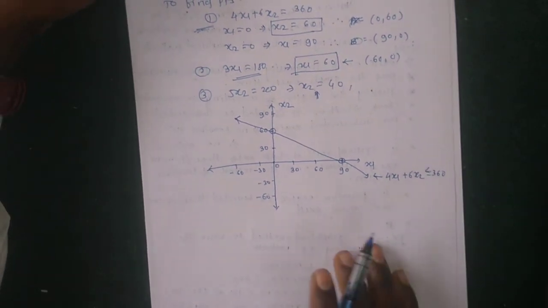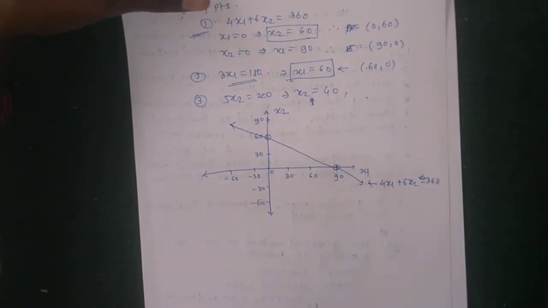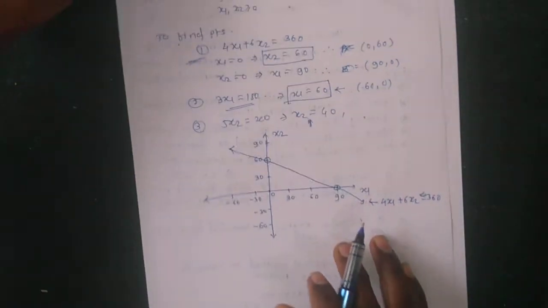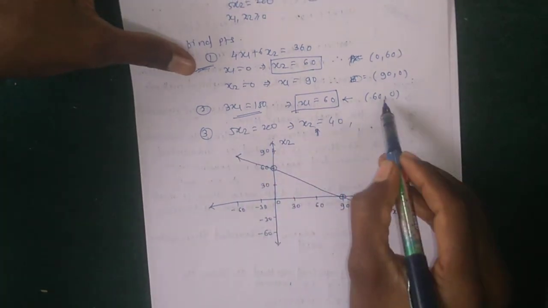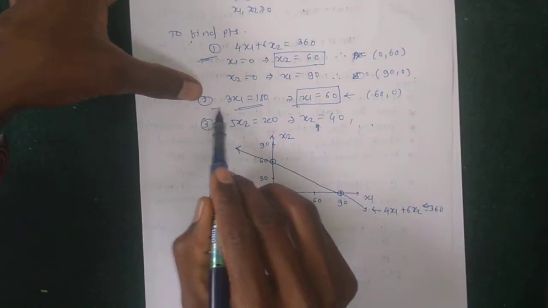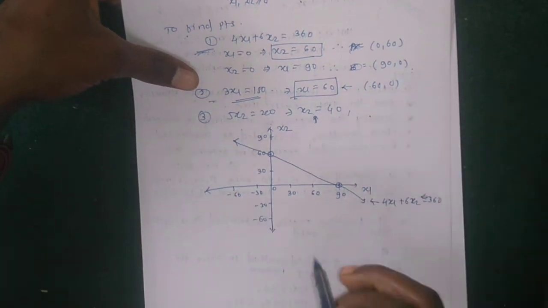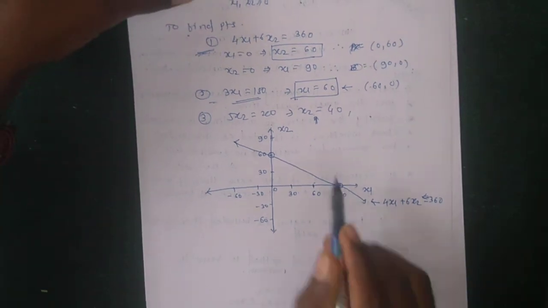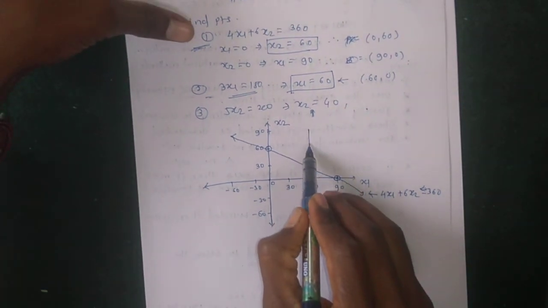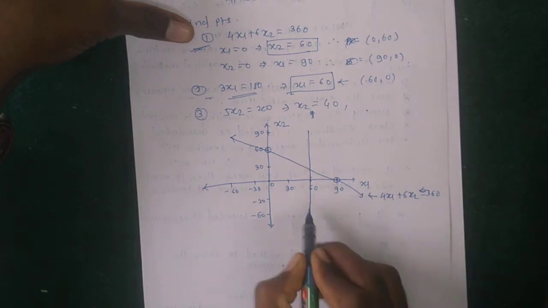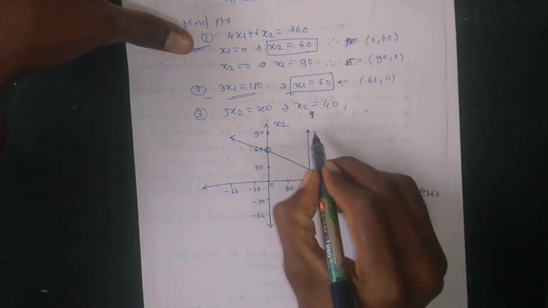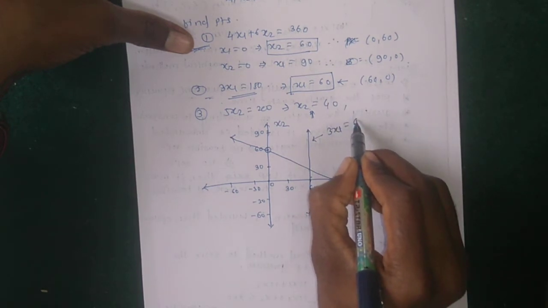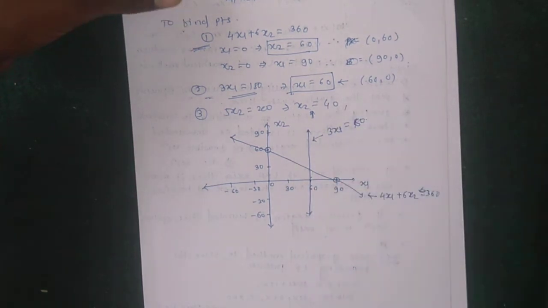This line is of equality type, so its constraint is of less-than-or-equal type. Then the second is x1 is equal to 60, which is parallel to the x2 axis, at the point 60. Plot a line at x1 is equal to 60. This line is 3x1 is equal to 180.